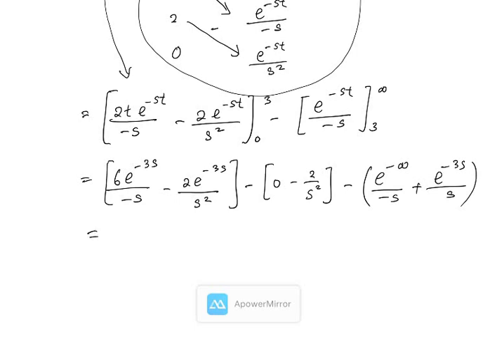So this will equal to minus 6 over s exponent negative 3s, and then minus exponent negative 3s over s. So you get negative 7 exponent negative 3s over s, and this one will obtain 0. And then we copy down this one, so we have negative 2 over s squared exponent negative 3s plus 2 over s squared.